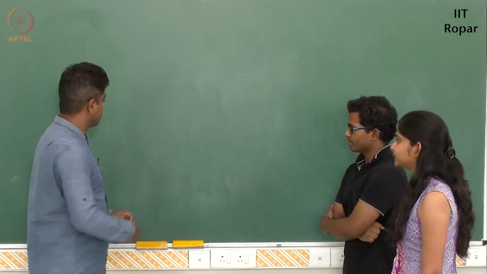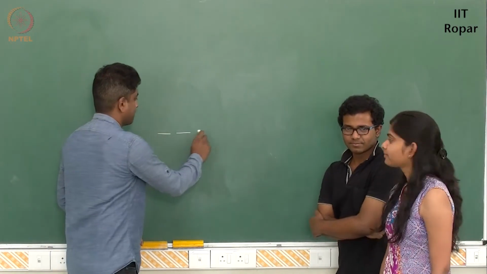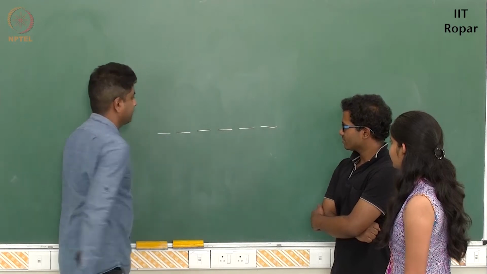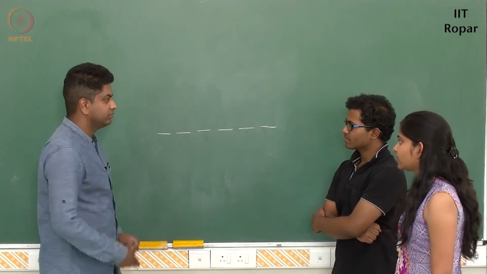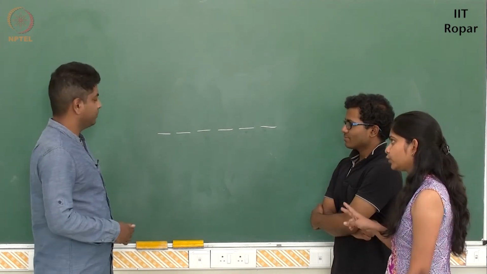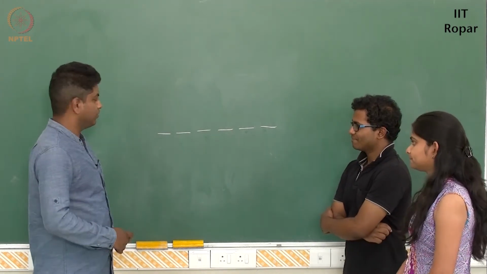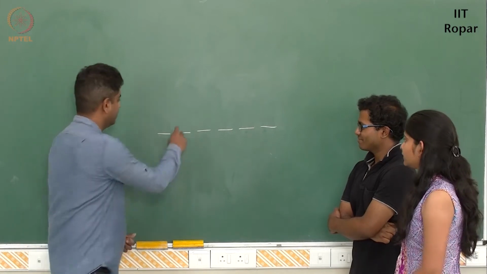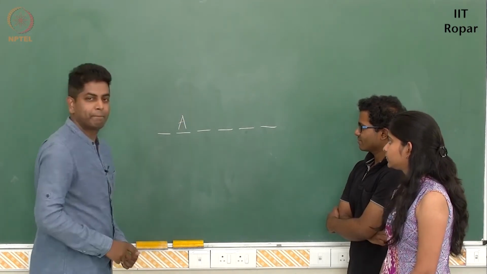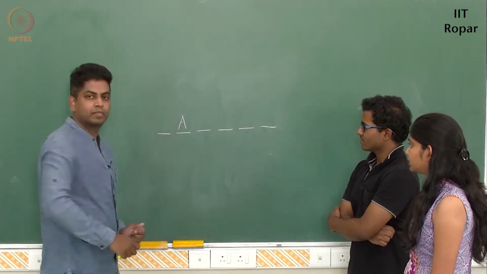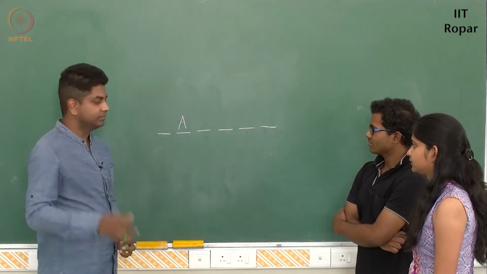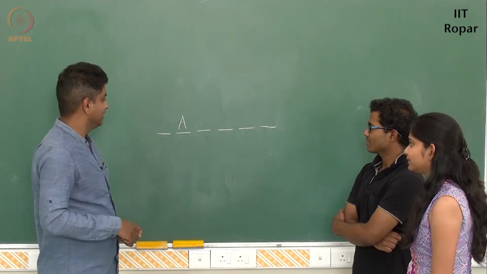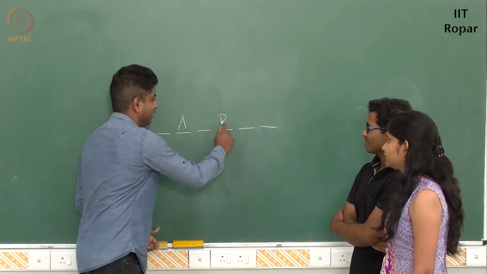All right. Okay. Go ahead. Space is there between two words. E. No. E is not there. A. A is there. S is not there. R. Yes, R is there.